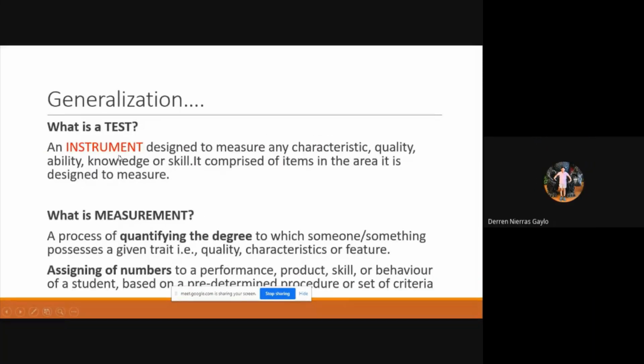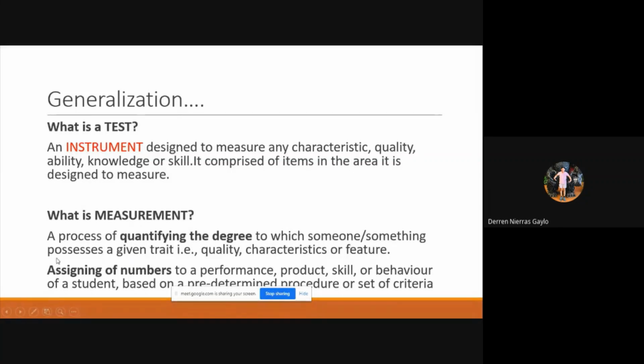Okay, I'll be giving you a sample of the definitions and the concepts that we are talking about. Generally, a test is an instrument designed to measure any characteristic, quality, ability, knowledge, or skill. Measurement is a process of quantifying, giving a quantity to the degree to which someone or something possesses a given trait.